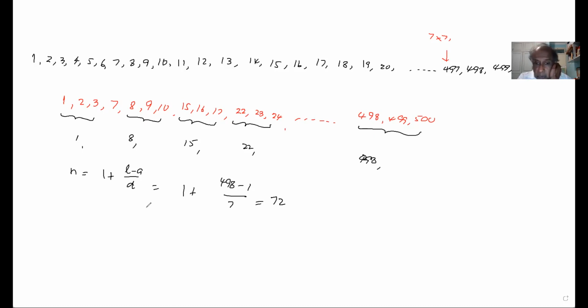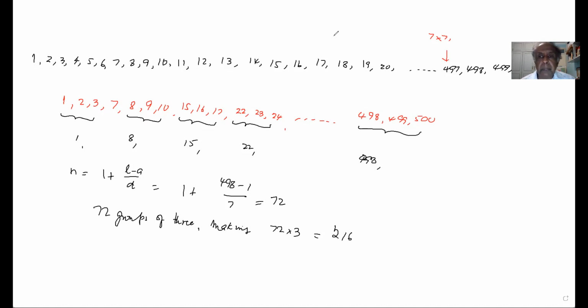So there are 72 groups of 3. That's what we've been counting. How many groups of 3? So, that making 72 times 3 numbers altogether. So there are 216 numbers in this lot.